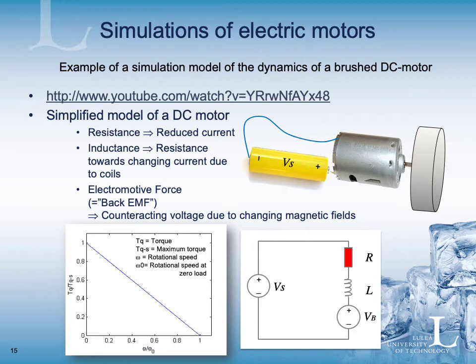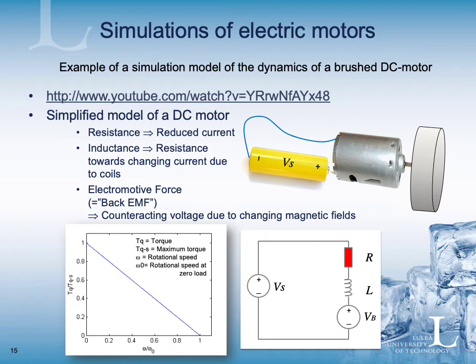This is then the simulation of the dynamic behavior of a DC motor. And you can follow this link and build up this Simulink model yourself. But what we have here is a simplified model of the DC motor. We have a resistance that reduces the current.